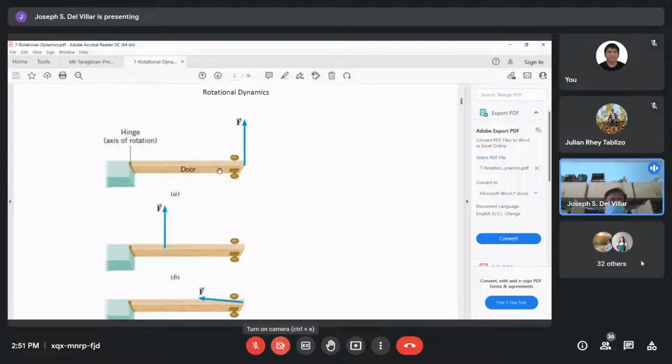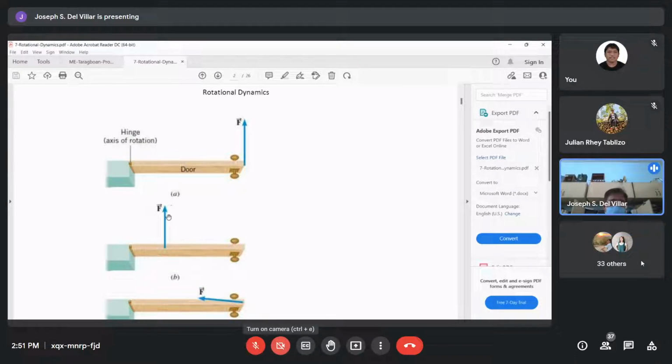Now, that perpendicular line or distance from the line of action of the force up to the axis of rotation is what we call the lever arm or the moment arm. Okay? So since torque is the product of the force and the lever arm, so my F times the distance, the width of the door, so meron siyang torque, malaki.